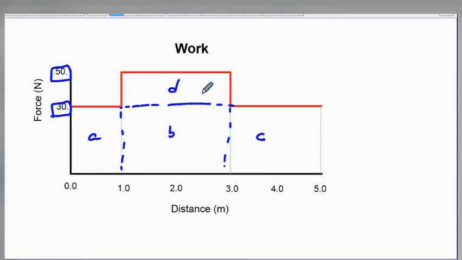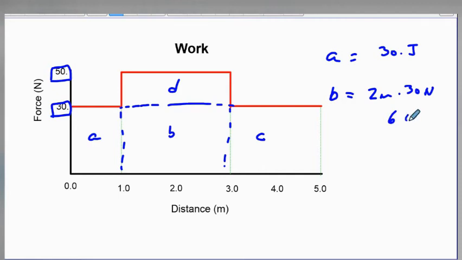I'll call them A, B, C, and D. And the area of A will be 1 meter times 30 newtons. So that will be 30 joules of work for part A. Part B goes from 1 to 3. So that's 2 meters multiplied by 30 newtons.